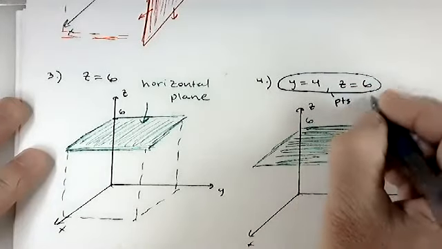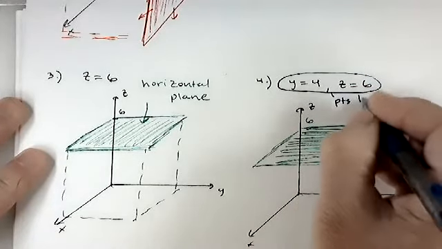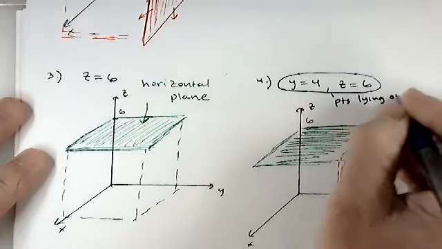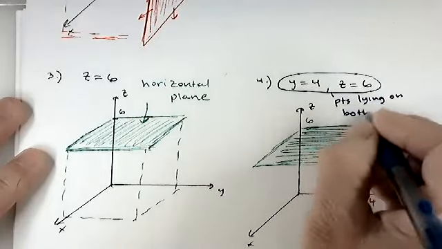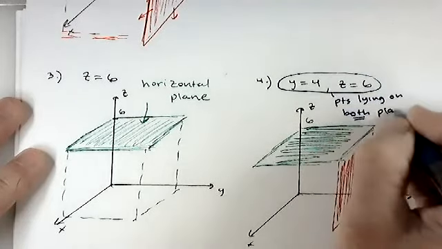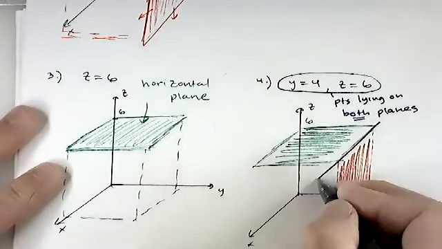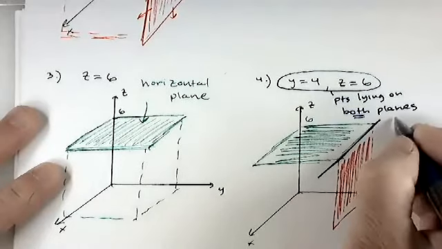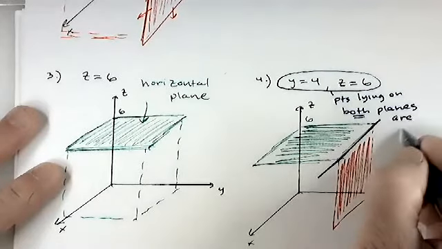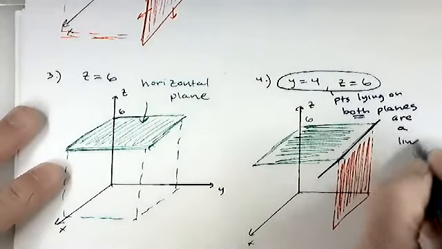Points lying on both planes. What would you describe that as? How many people see a line, right? Points that lie on a line, are a line in this case.